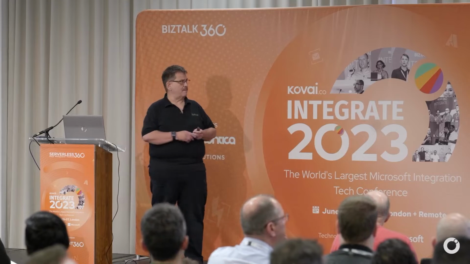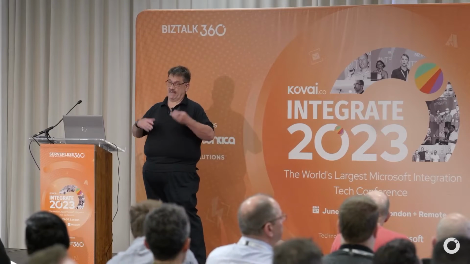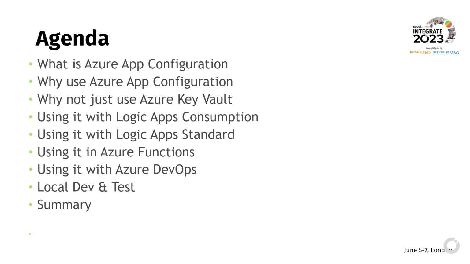So what we're going to talk about with app config today is: what is app config? Why do I want to use app config? Why not just use Key Vault? Everybody's used Key Vault for a lot of things. Using app config with a Logic App in consumption. Using app config with Logic App Standard, which is a lot easier.